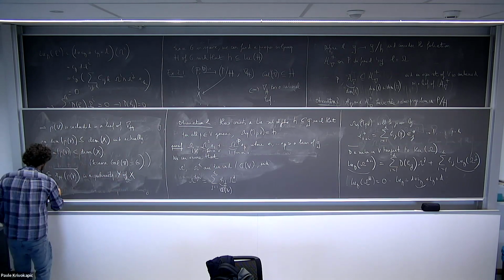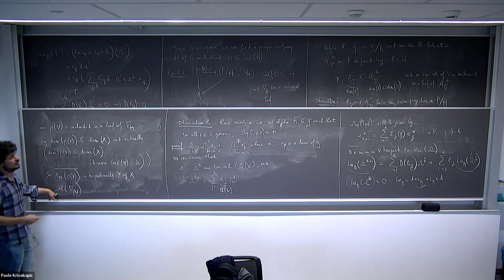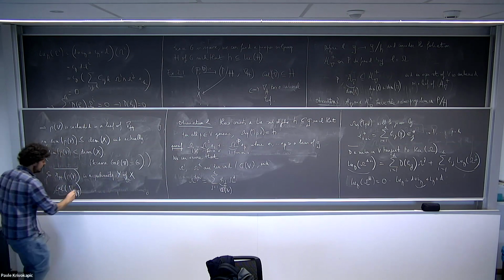And if you look at gal of delta H restricted to Y, it admits a rational leaf.